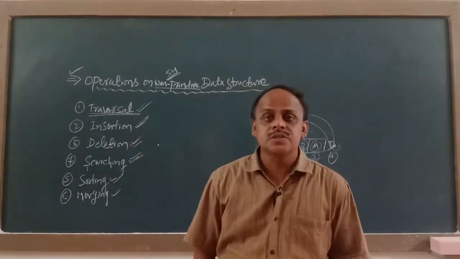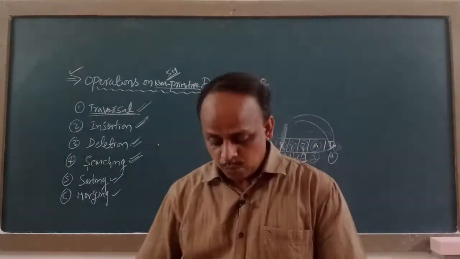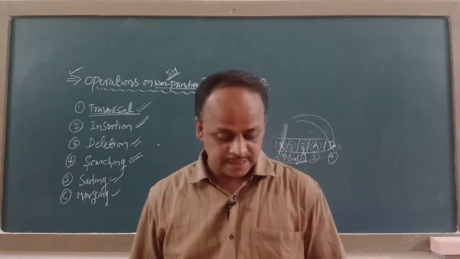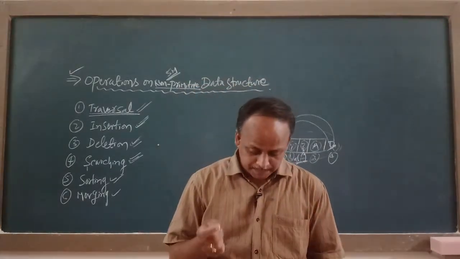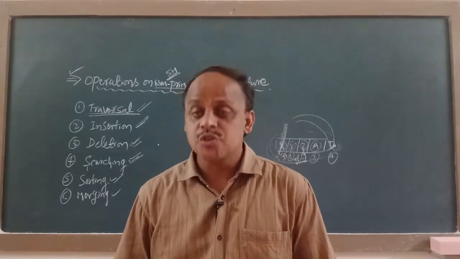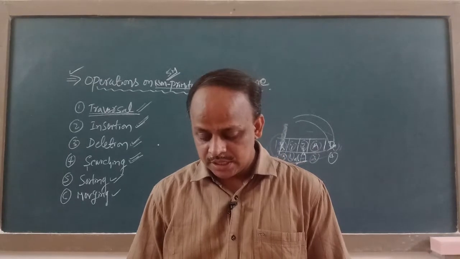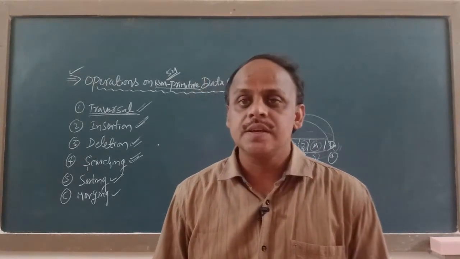And next comes the last but not the least, that is merging. What is meant by merging? The process of combining the data items of two structures to form a single structure is called merging.